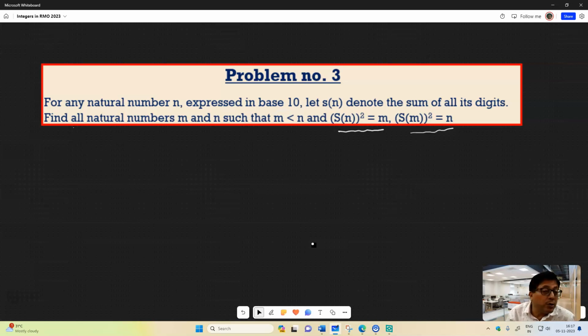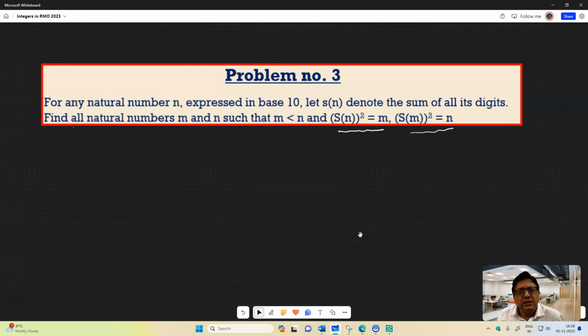Base 10 concept all of you know. Numbers normally we use in the sense of base 10. Now for those numbers, you have to find natural numbers m, n. This ordered pair you have to find for which m is less than n. Sum of the digits in the first case, its square is m. Sum of the digits in the second case, its square is the previous one.